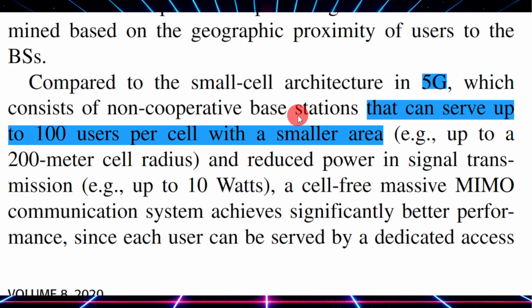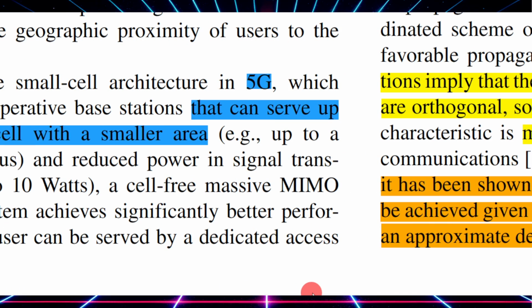Compared to the small cell architecture in 5G, which consists of non-cooperative base stations that can serve up to 100 users per cell with a smaller area, i.e. up to 200 meter cell radius and reduced power and signal transmission up to 10 watts, a cell-free massive MIMO communication system achieves significantly better performance since each user can be served by a dedicated access point.